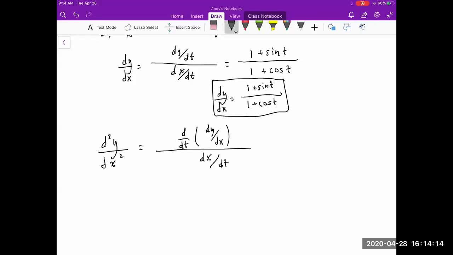So again, just to justify this equation a bit, if you take a look at dy over dx, if you think about what's happening to y only, y is here. So all we're really doing to find dy over dx is taking the derivative of y with respect to t and then dividing that by dx dt. Okay.